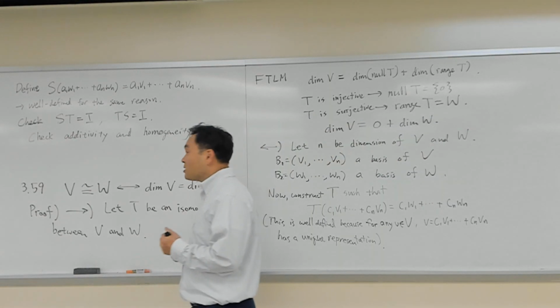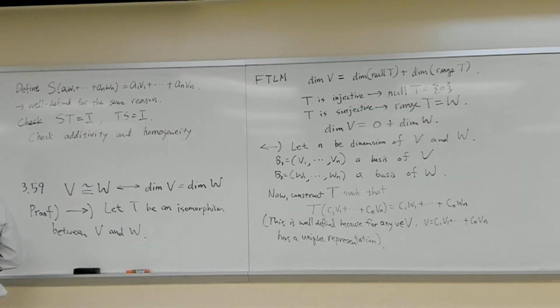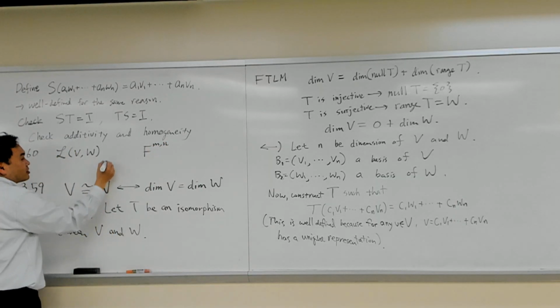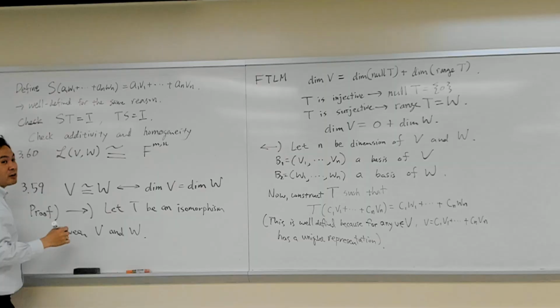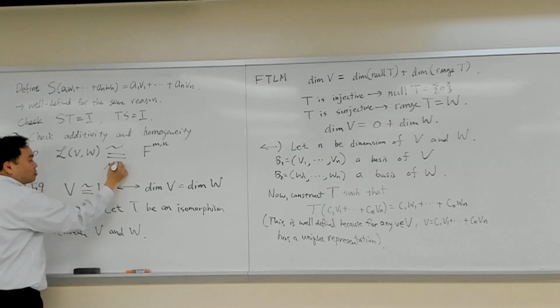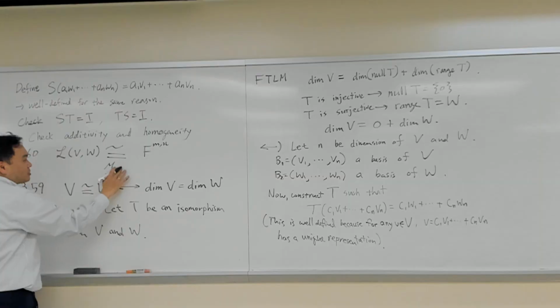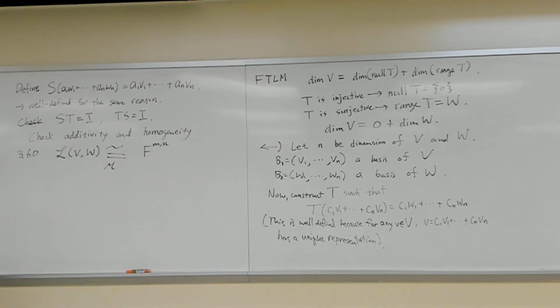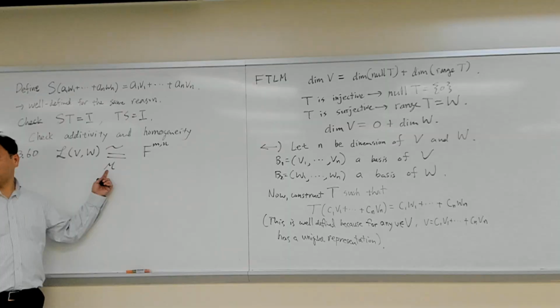Now, this can be used to talk about the comment that I said earlier, that this is a vector space, this is a vector space, and these are isomorphic because there's this matrix map, which takes a linear map to a matrix, right? Here I just want to show that this is both injective and surjective.